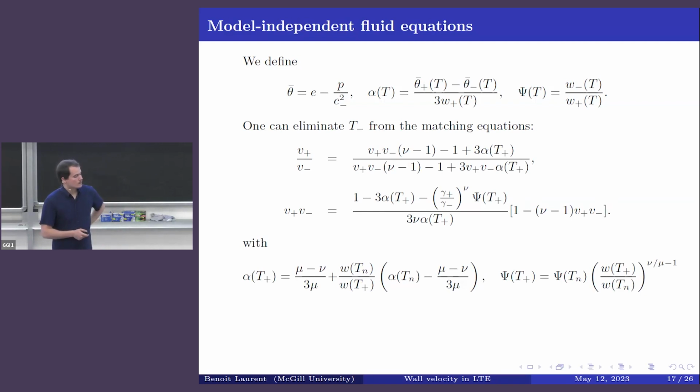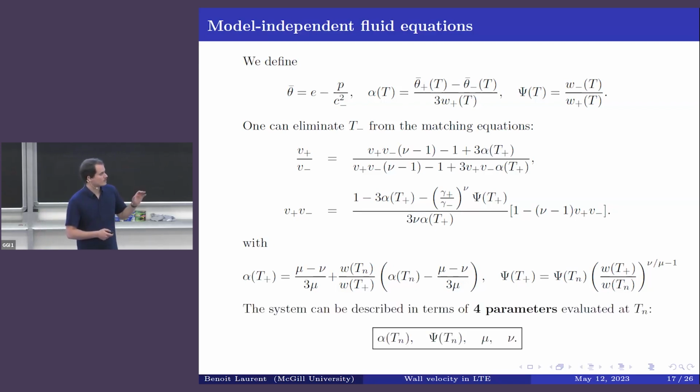But in general, it's not very useful to have alpha and psi depend on T plus because we don't know T plus beforehand. So what we can do is to relate these parameters to the values evaluated at the nucleation temperature with this equation here. And here we know what Tn is beforehand, so it's possible to compute alpha and psi at the nucleation temperature before we do this calculation.